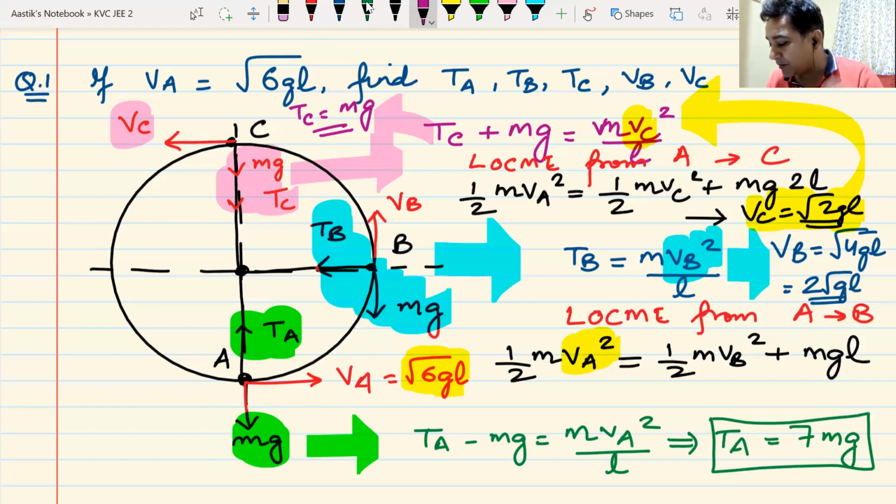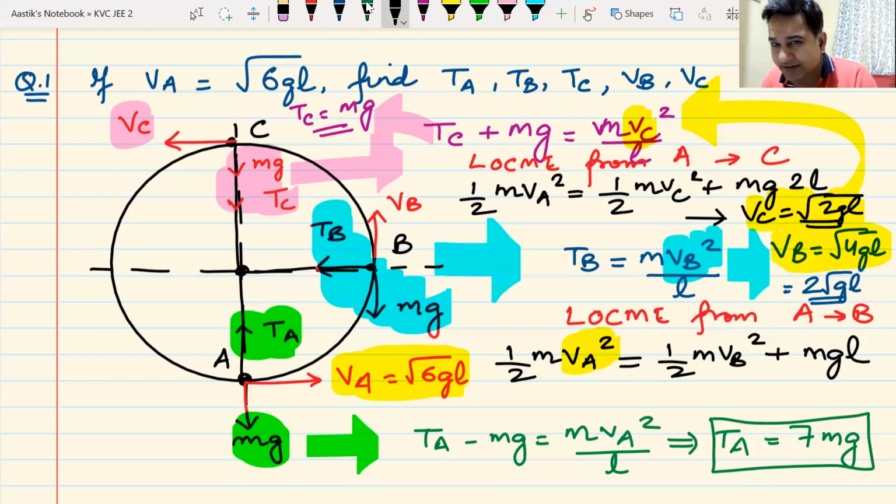If you can spot that pattern, so what I'm going to do is highlight all the velocities in yellow. If you can spot that pattern, you will not have to even use Lockme. So all the velocities are spotted in yellow.